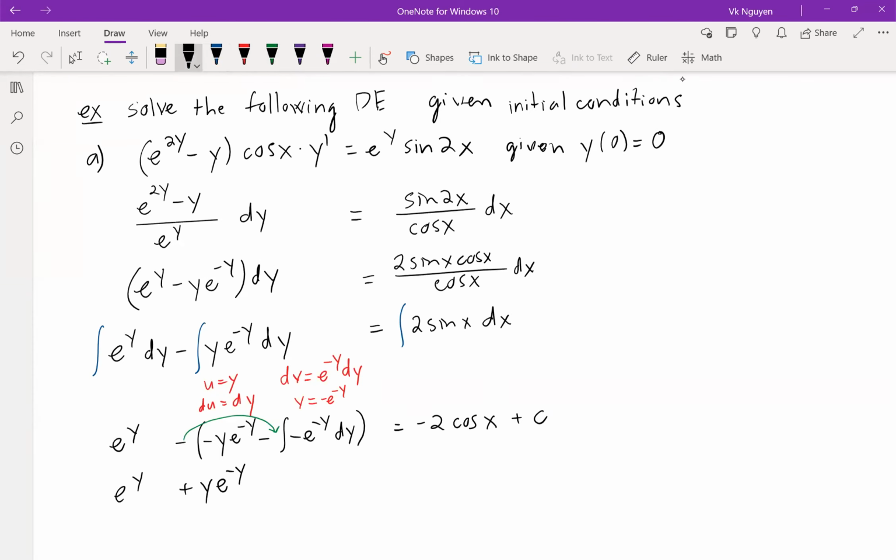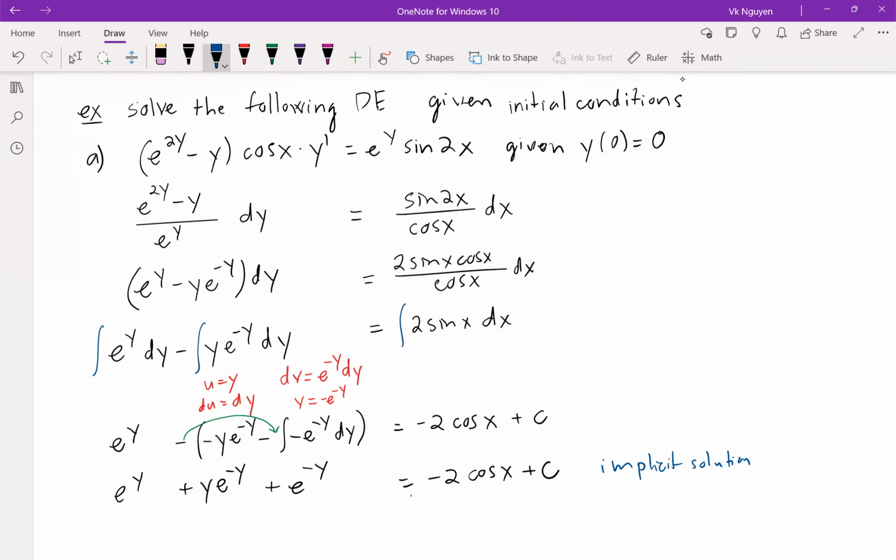So that is why the integral is going to be plus e^(negative y) equal minus 2 cosine x plus c. Okay, it is not possible to solve for y, so that is why we cannot have an explicit solution all the time. It's an implicit solution.